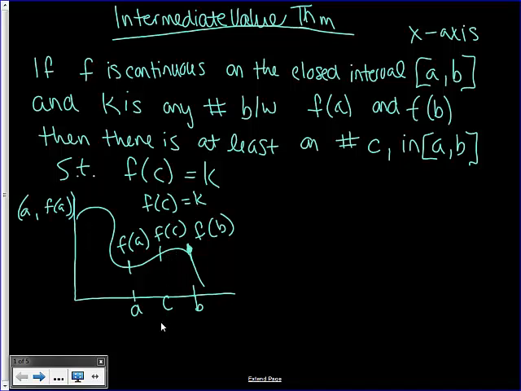Then there is at least one number C between A and B such that f of C equals K. Basically, what it means is that if I have two x values, a range of x values, there has to be a point between those two values. There has to be something in the middle between these two y values.